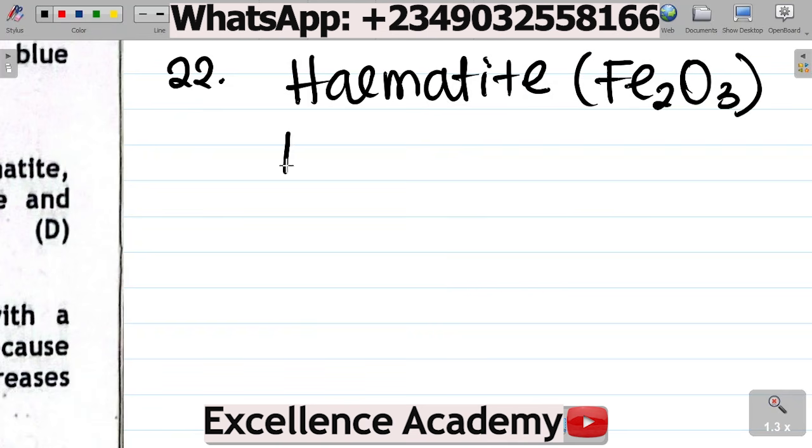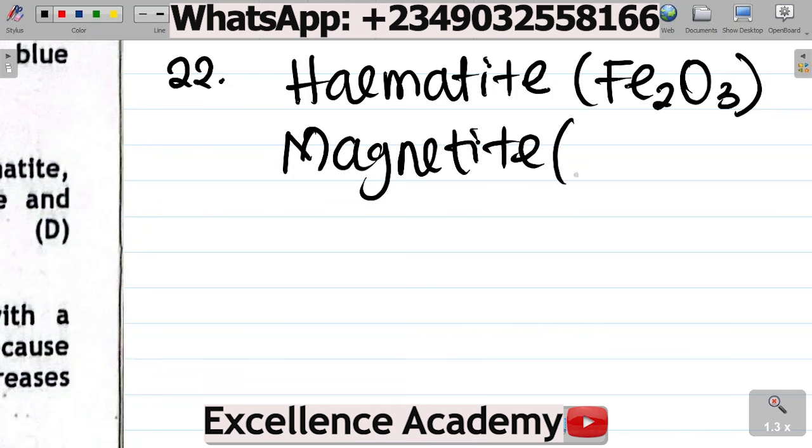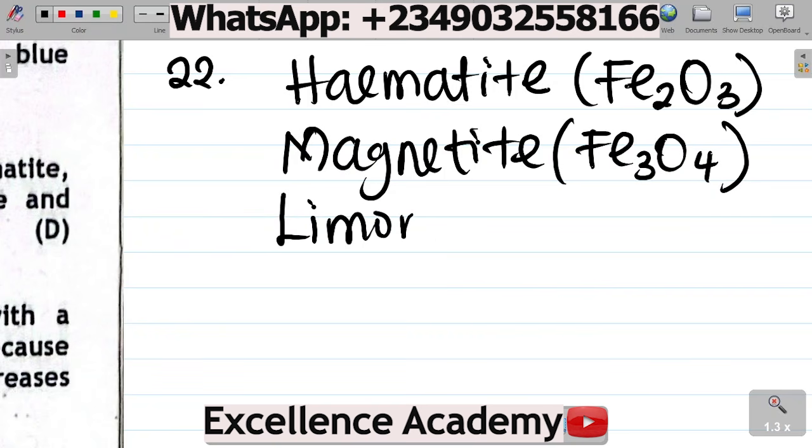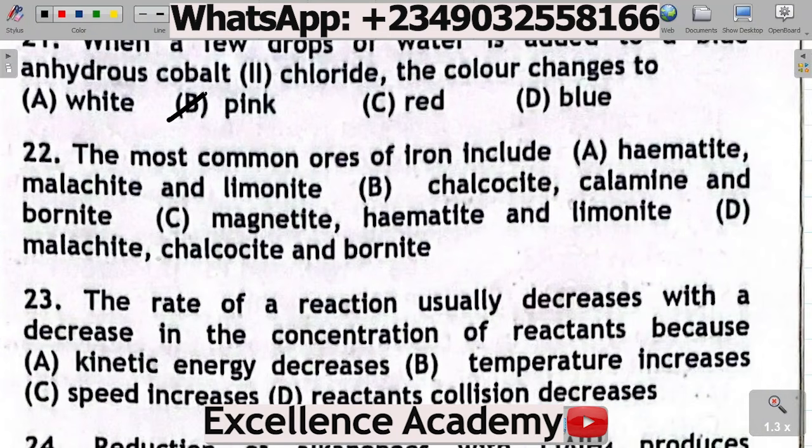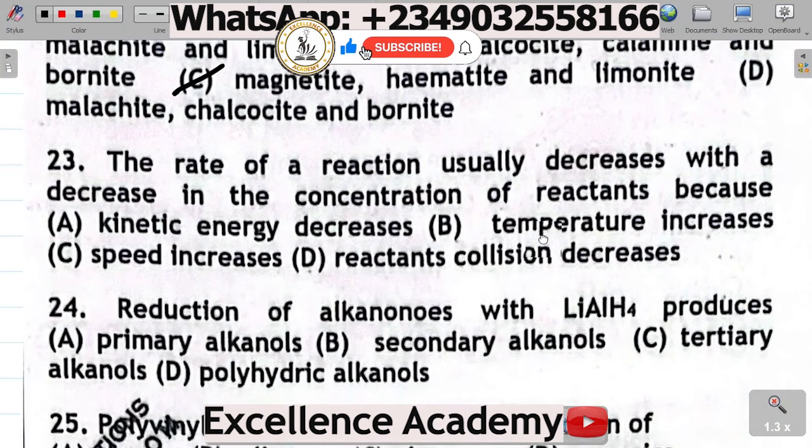Next one you have there is magnetite, which is Fe3O4, and finally you have limonite. And limonite is simply hydrated iron oxide. So the correct option there would be option C, magnetite, hematite, and limonite. C is the correct answer.